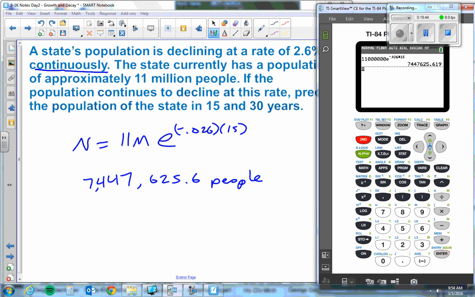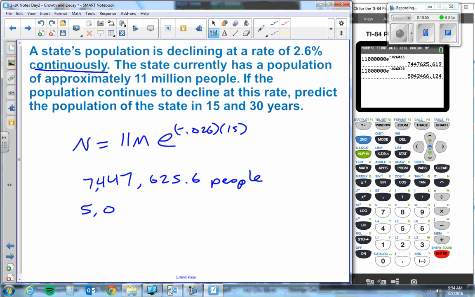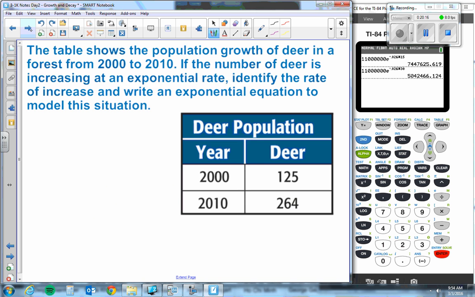And then once again, redo it for 30. Okay? Then we're going to skip that one.